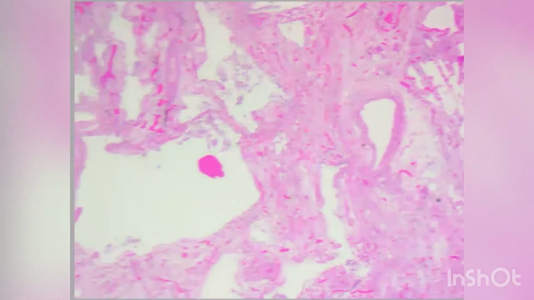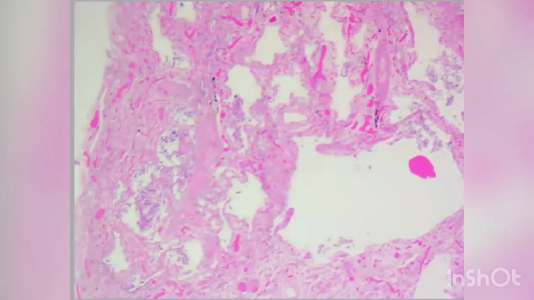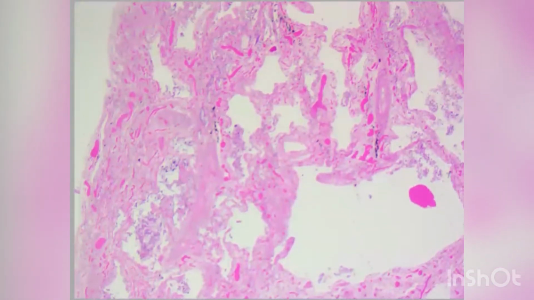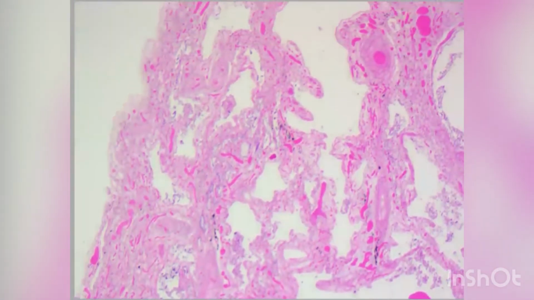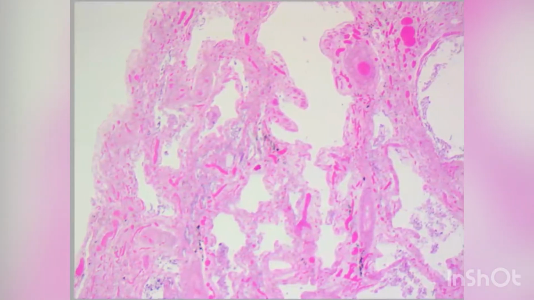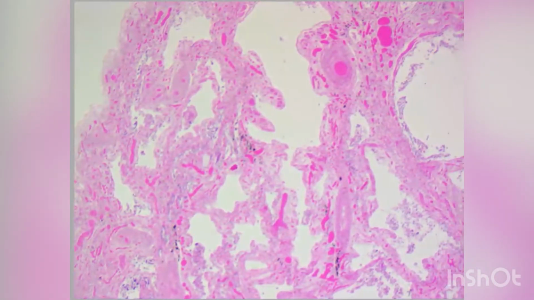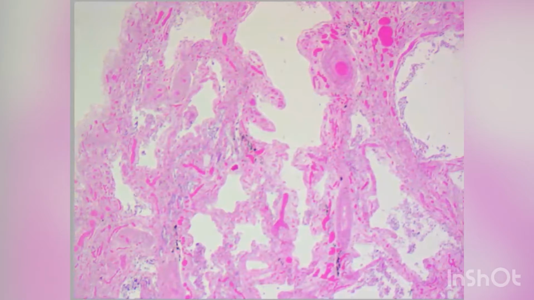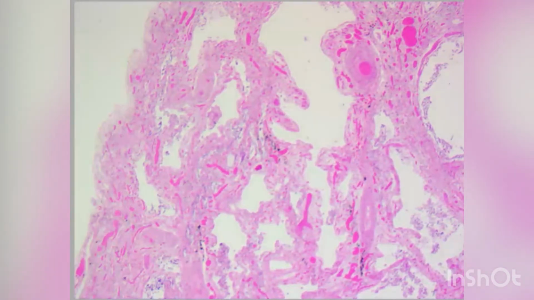Now we are moving towards the subpleural areas, where we can find the main pathology as per the definition of usual interstitial pneumonia. These subpleural areas, as we can see, are remodeled and replaced by cystic dilatations from this section.